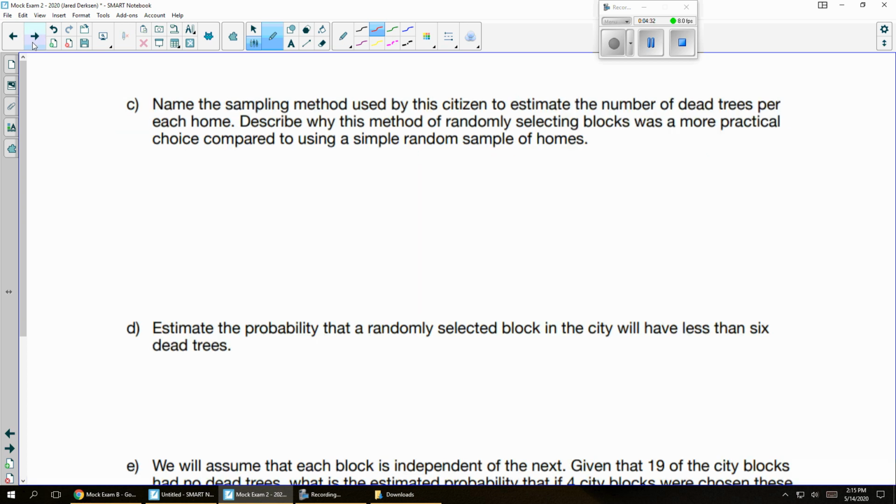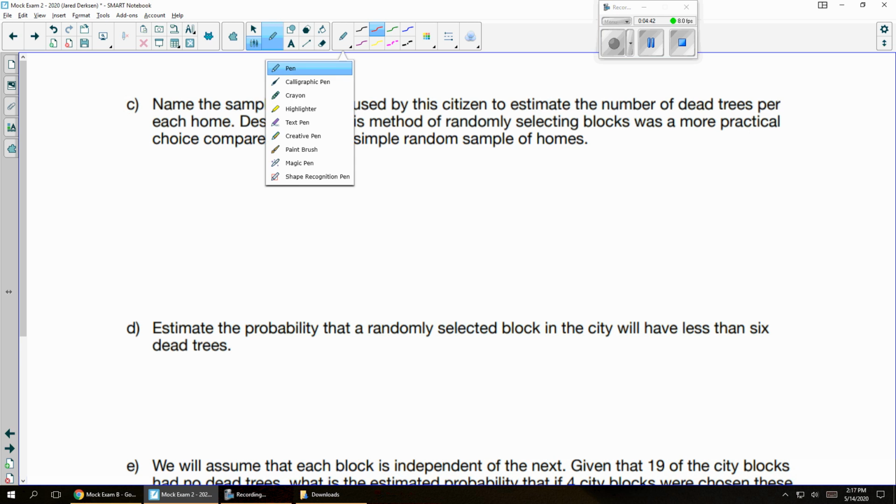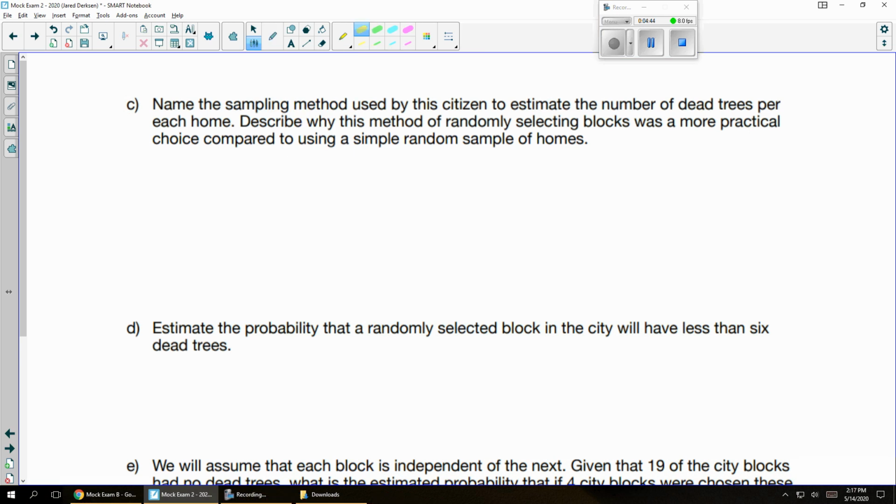That's good. Name the sampling method used by this citizen to estimate the number of dead trees per home, and why is that practical? So I want to highlight a couple things here. This particular one says: name the sampling method and describe why this is more practical compared to an SRS. Okay, so the sampling method he used was a cluster sample.